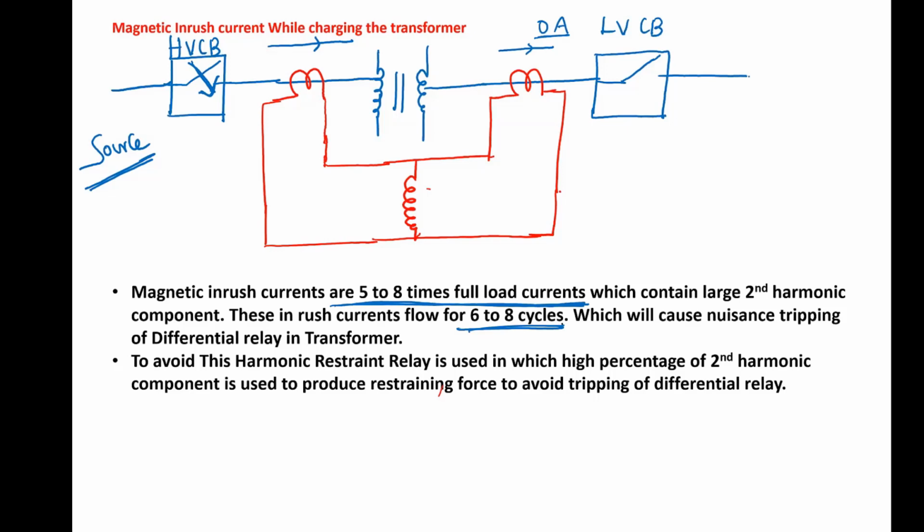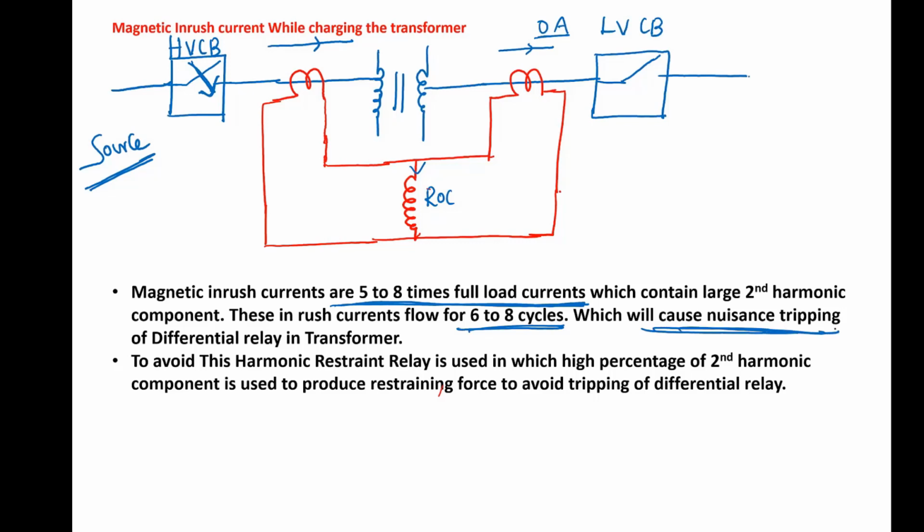So definitely my relay operating coil ROC will contain a very high difference in current. So it will cause tripping. Understand? This magnetic inrush current will cause tripping of the differential relay, which is not necessary and should not happen actually.